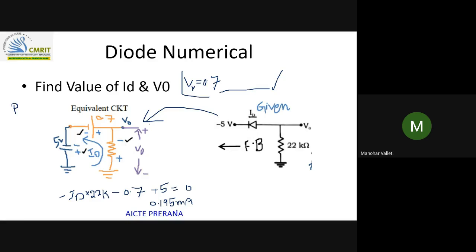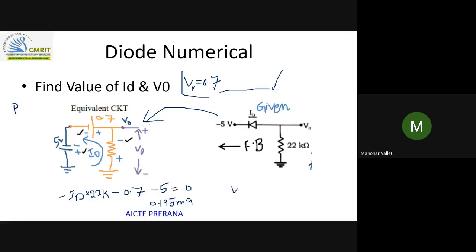Always try to mention the values in milliamps or microamps as given. The GATE exam will ask like that only. So ID is 0.195 milliamps.